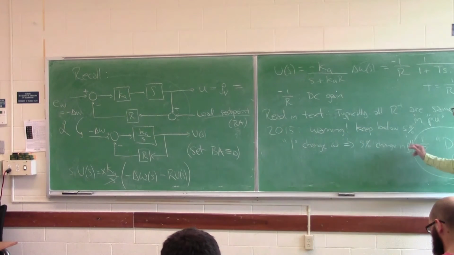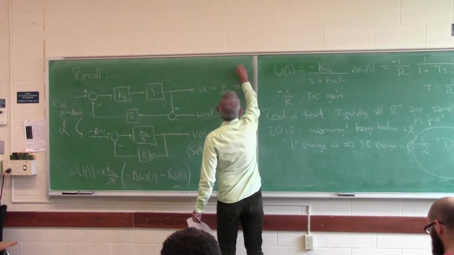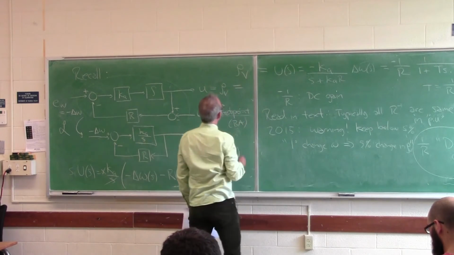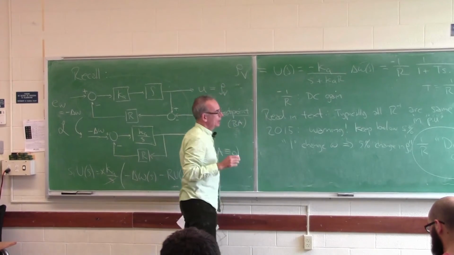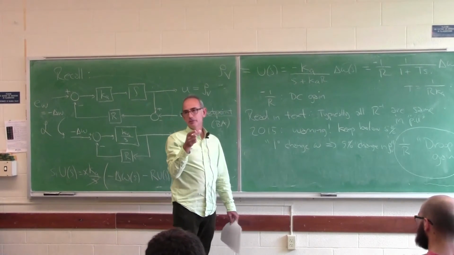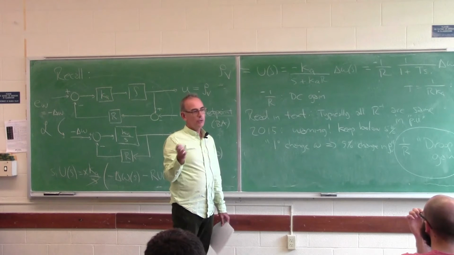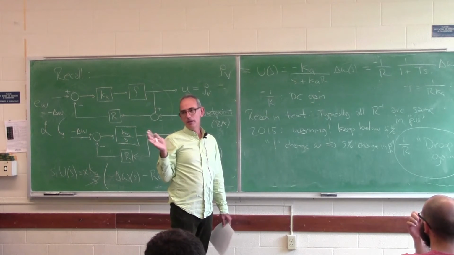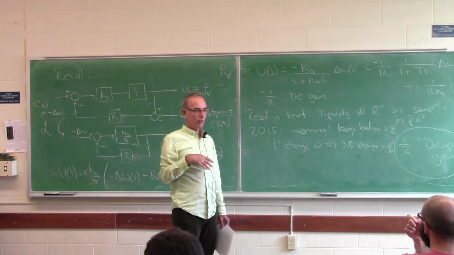Now, I say, okay, so rho V I already said was the input. This is all DC analysis, so we made a notational assumption that in DC, valve position and power are the same.